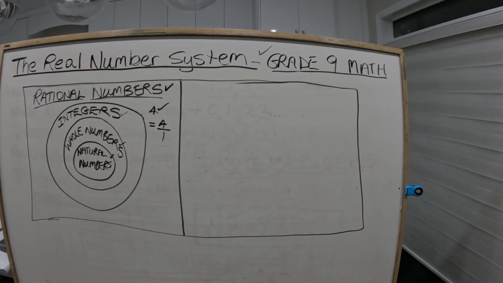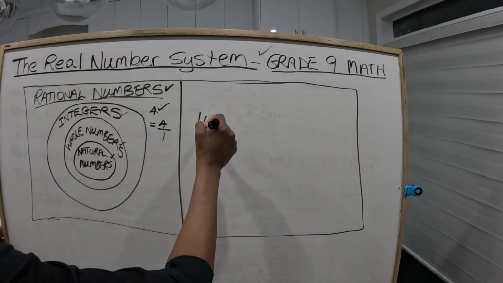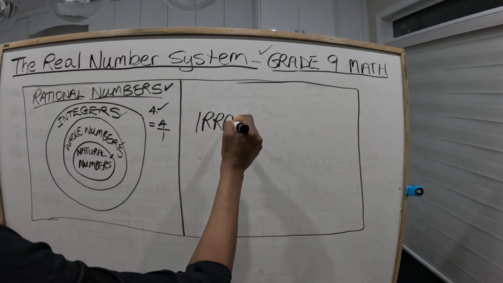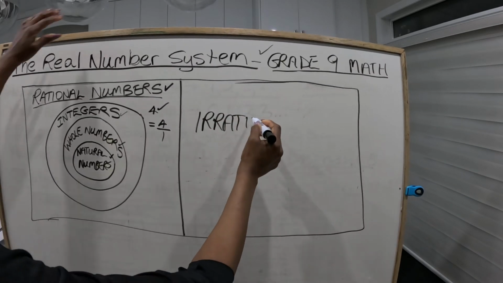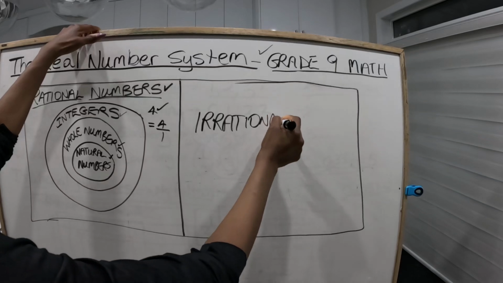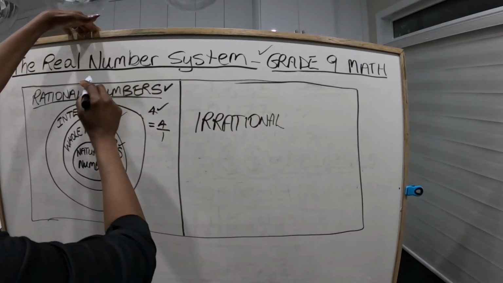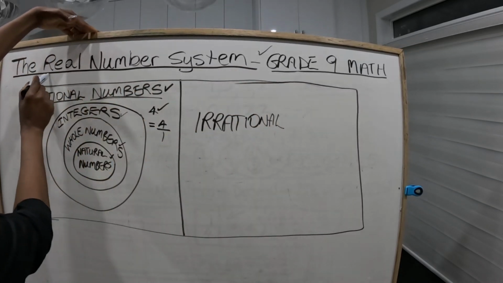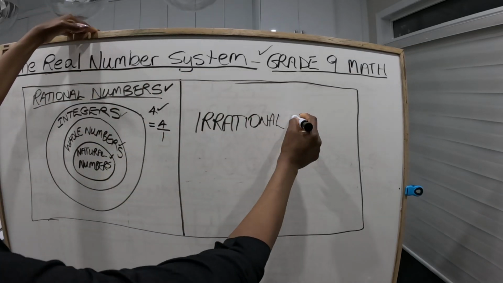And any number outside of that in my list will be called irrational numbers. That would be the best way to look at the number system, which is called the real number system.